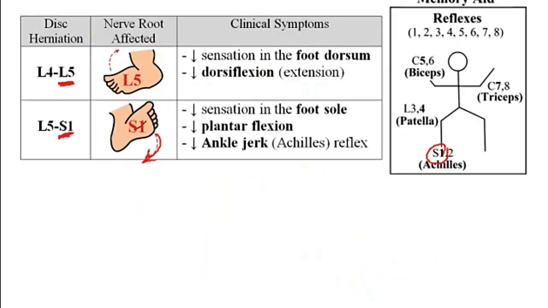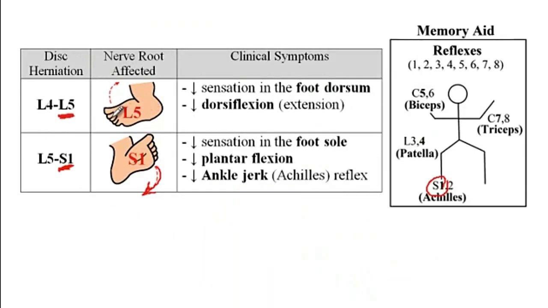So let me show you again in this image. L5 is on the top, so it's required for the sensation on top of the foot as well as for the dorsiflexion, while S1 is the lower nerve root, so it's required for the sensation on the sole of the foot as well as for the plantar flexion.